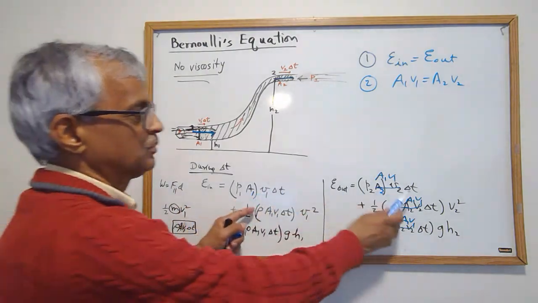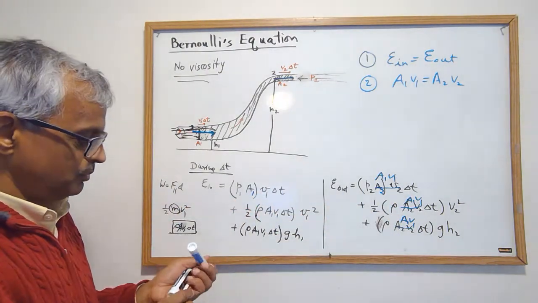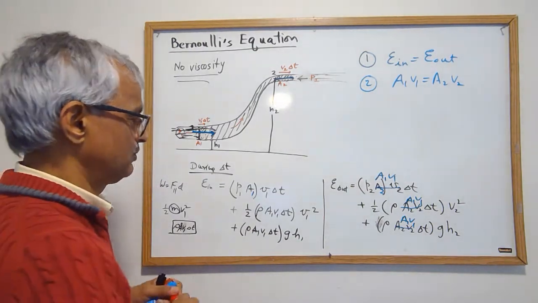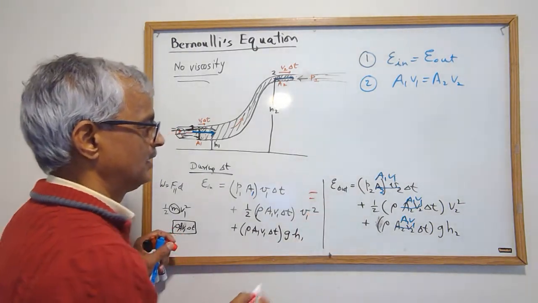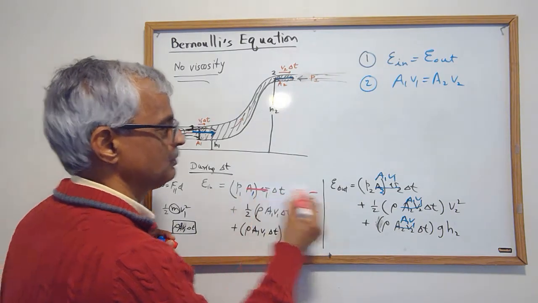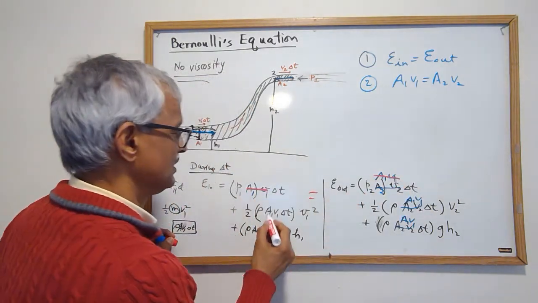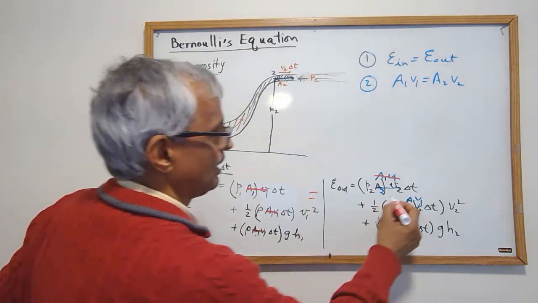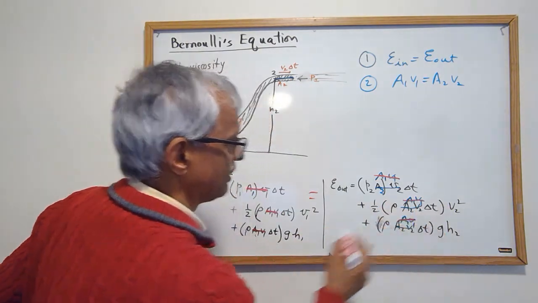So when I make this equal to that, you can see right away that all these A1 V1s will cancel out.